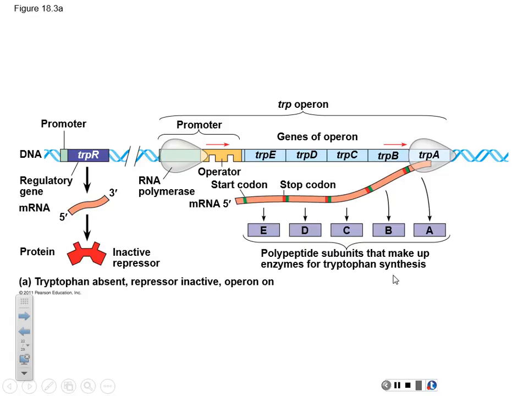Here's how the tryptophan operon works. There's a promoter, a stretch of DNA that codes for a polycistronic message, just like you saw in the lactose operon. You've got an operator. The operator is something to which a regulatory protein called TrpR can bind.